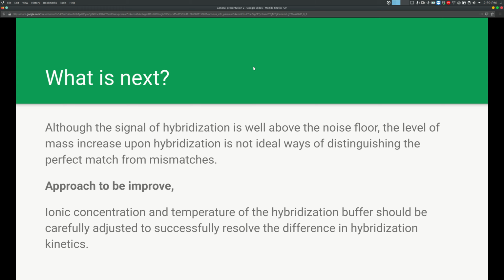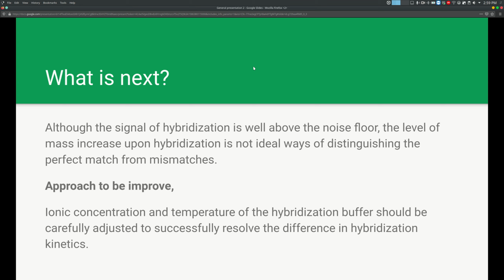The next point is that, although the signal is just hybridization, it has some noise in it. They offer a solution, but it wasn't too clear how to implement it. The signal level must increase upon hybridization. It's not ideal, so it's much more difficult to tell the perfect matches from the mismatches.